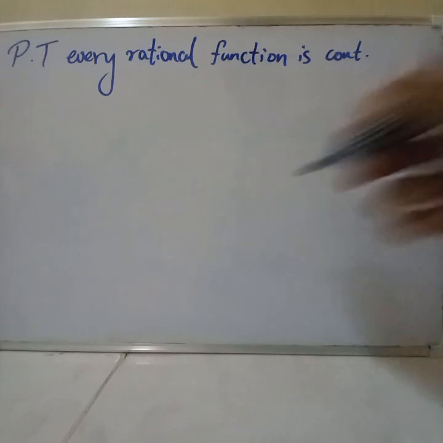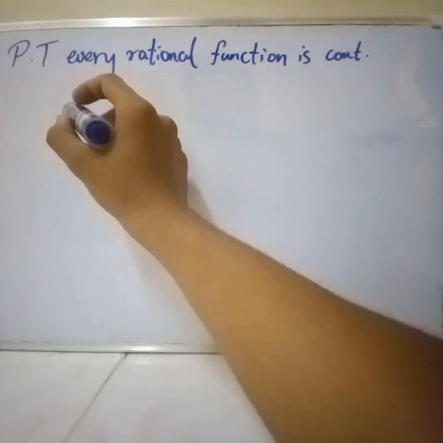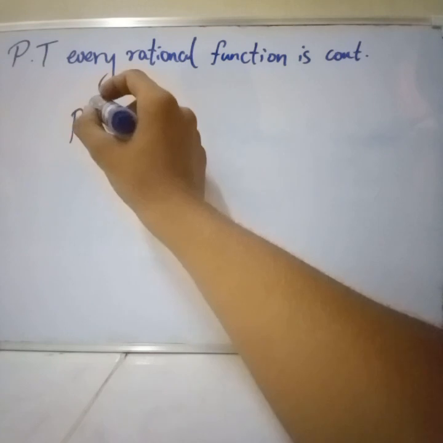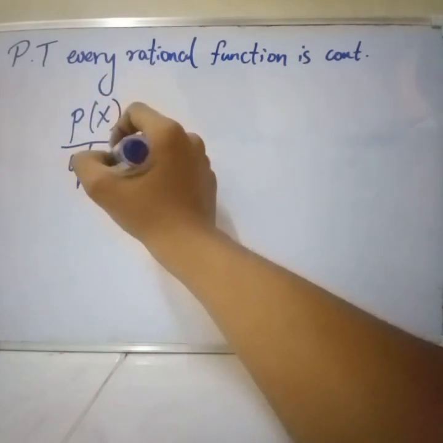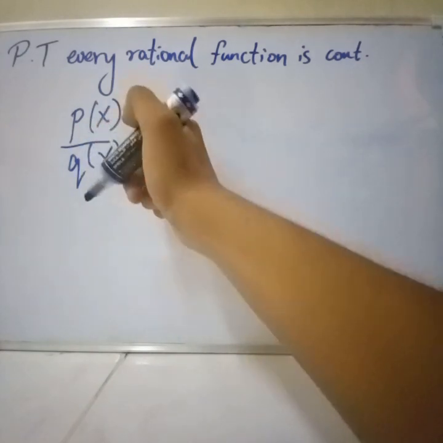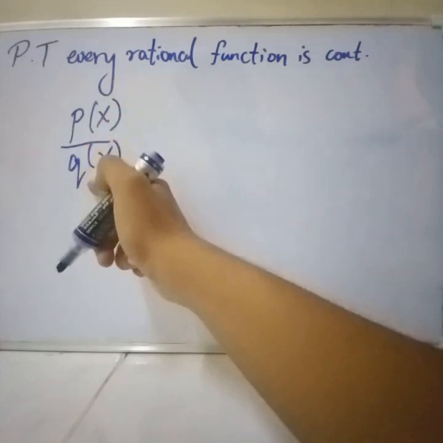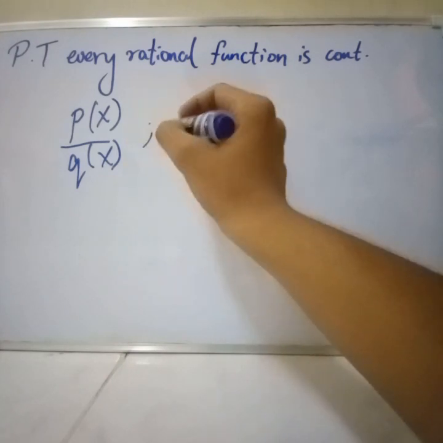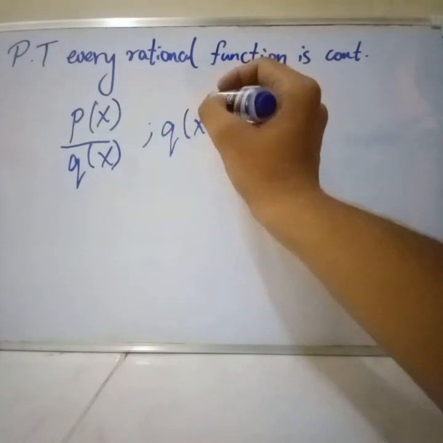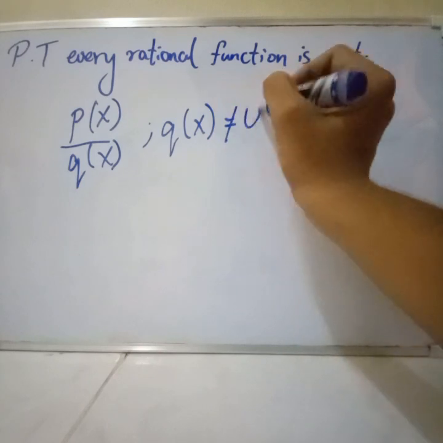So first of all, to represent any rational function, we'll be using the p by q form, right? P by q form is a rational function. So p and q both are polynomial functions, and we know that for a rational function, q should not be equal to 0.